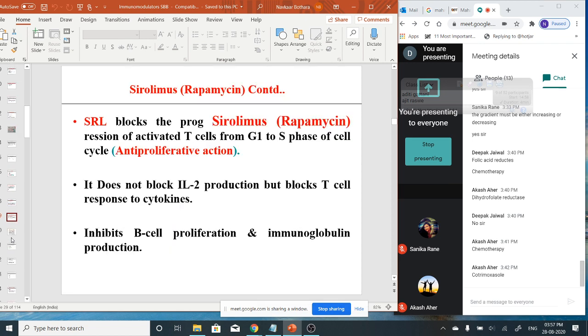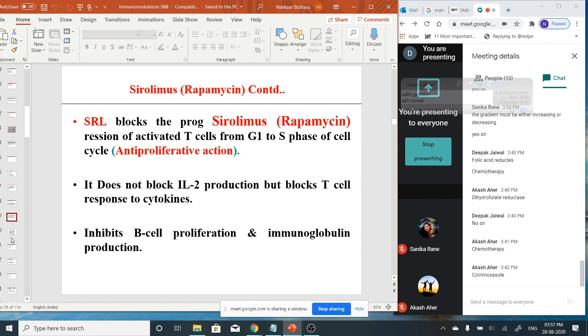It blocks sirolimus or rapamycin of activated T cells from G1 to S phase. That is, cell cycle G1, G2, G0, and S is the synthesis phase. So, thus it causes an anti-proliferative action, as in cancer.